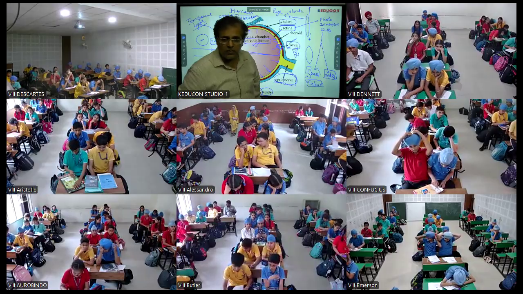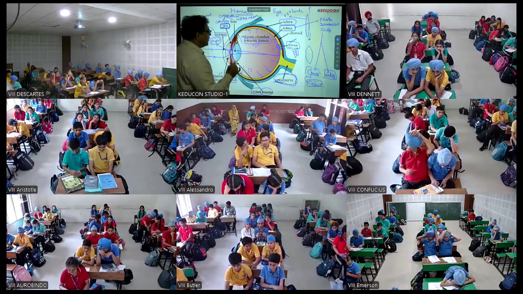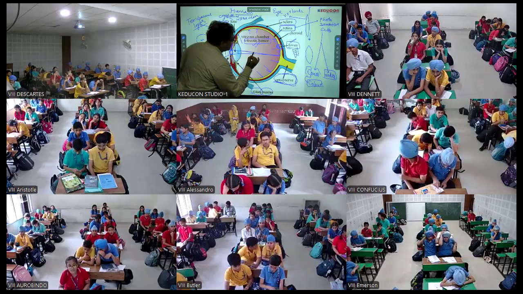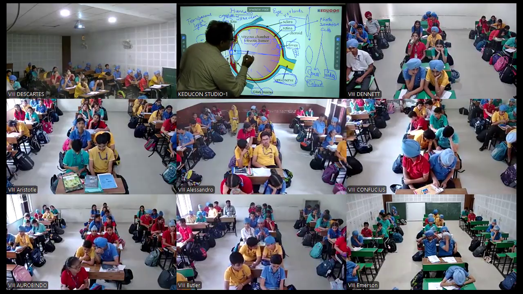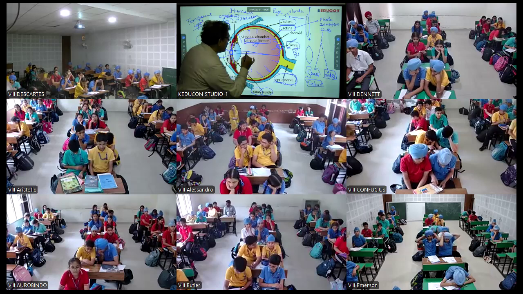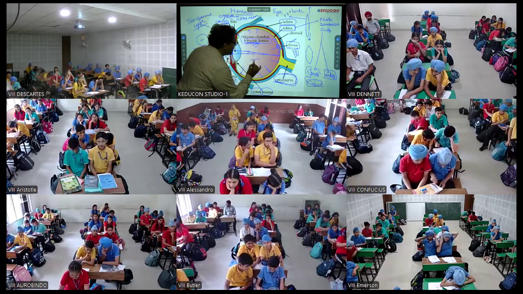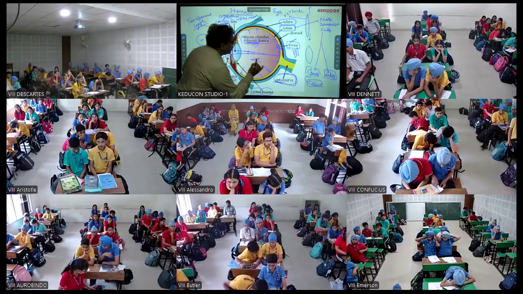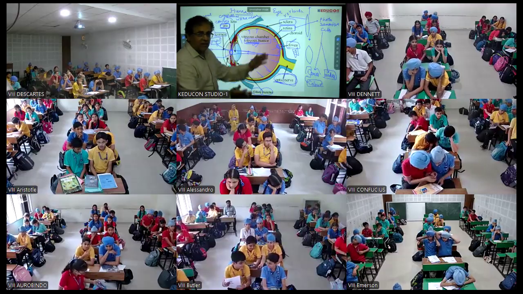Number two, when the ray of light enters through the vitreous humor, it does not allow the light beam to scatter here and there.